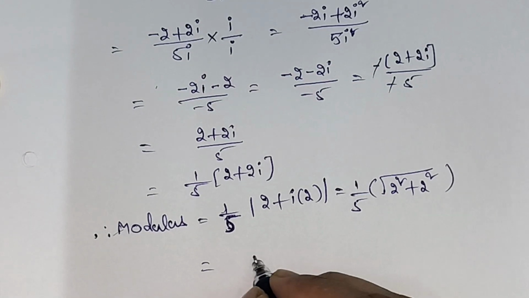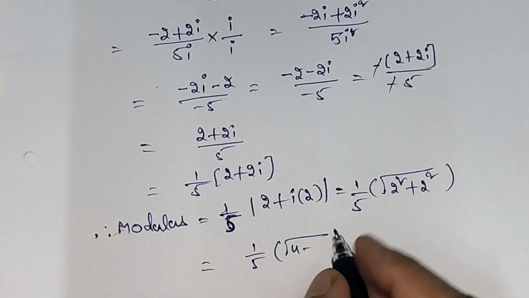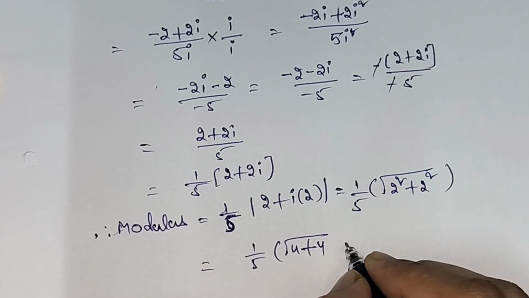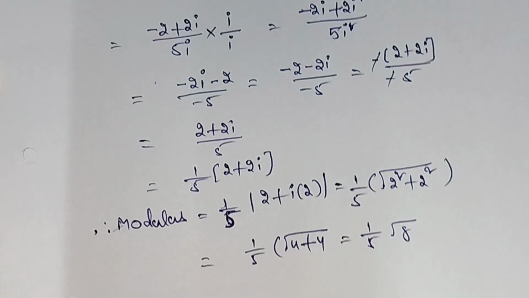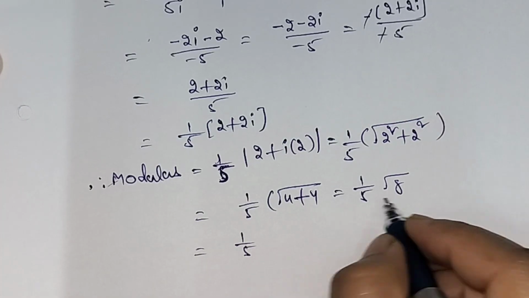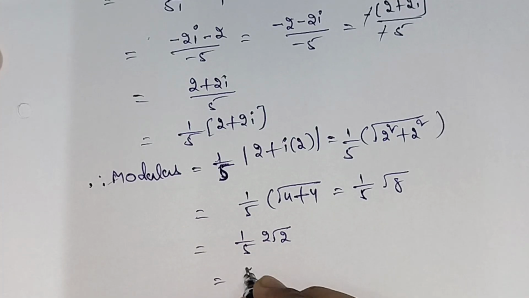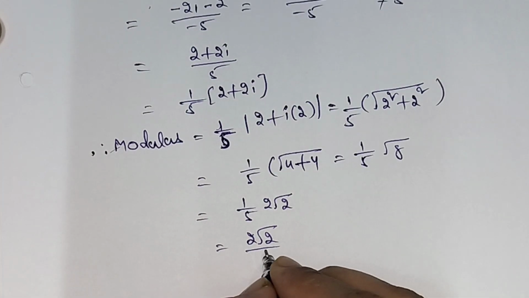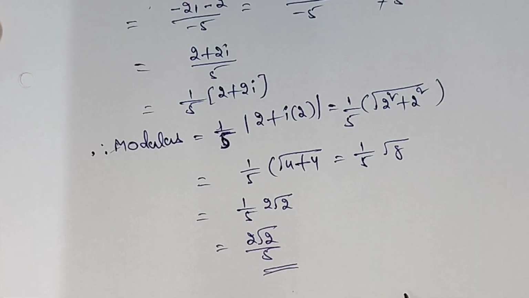That equals 1 by 5 into 4 plus 4, that equals 1 by 5 into root 8, we can write 2 root 2. 2 root 2 by 5. This is the modulus value of the second problem.